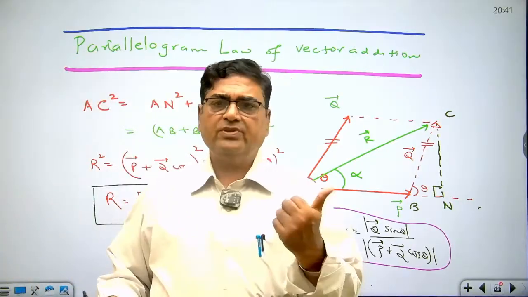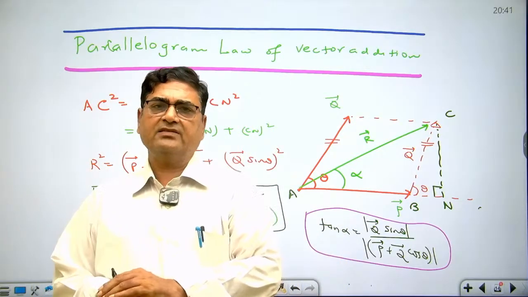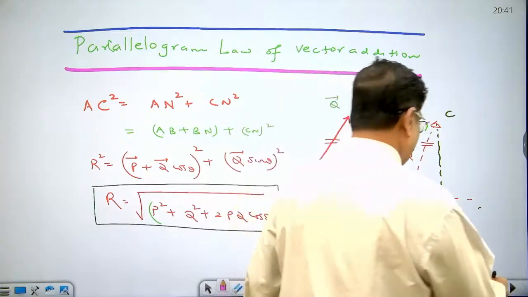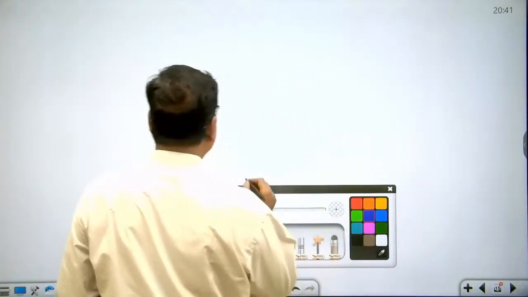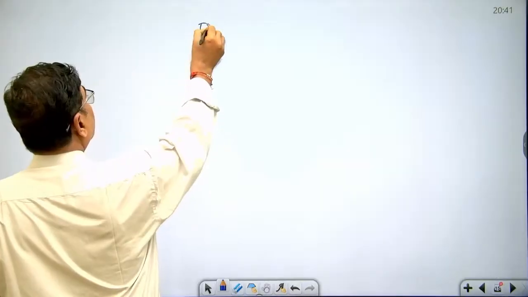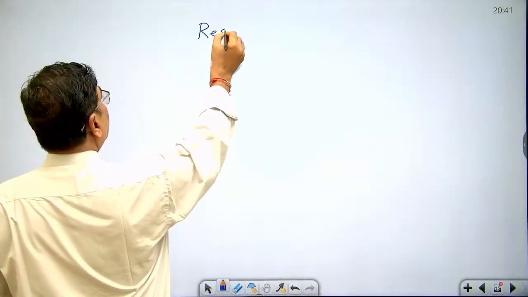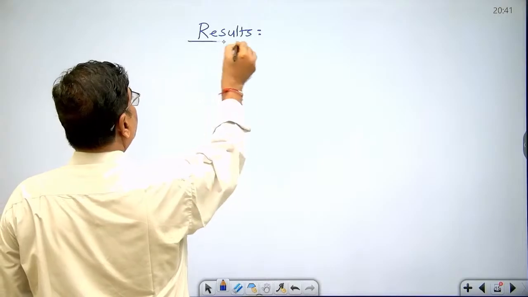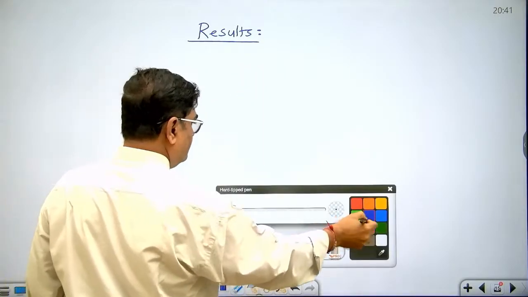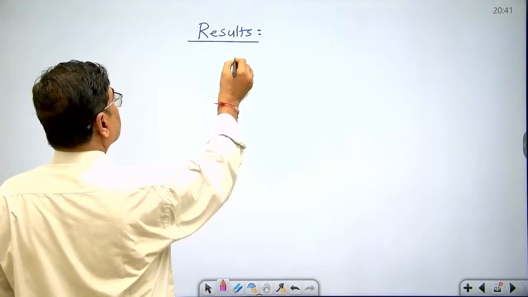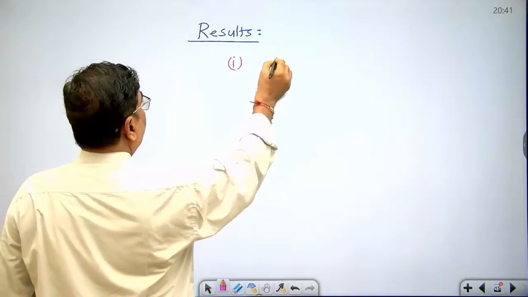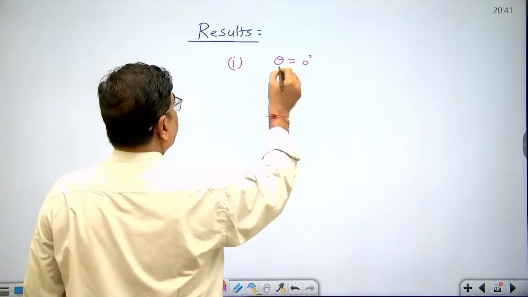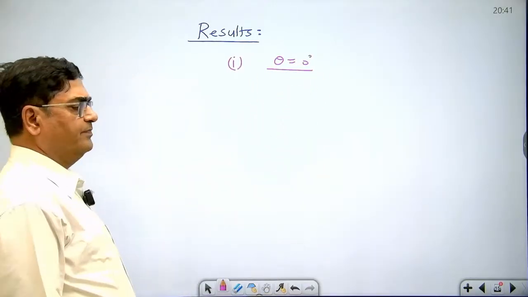Now, based on these two equations, we will be writing some important results. Okay, let's start. If the angle between two vectors is 0 degrees, it means the vectors are parallel.